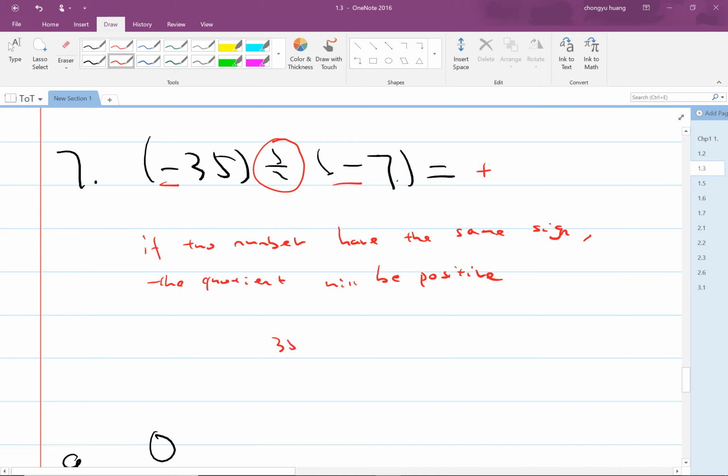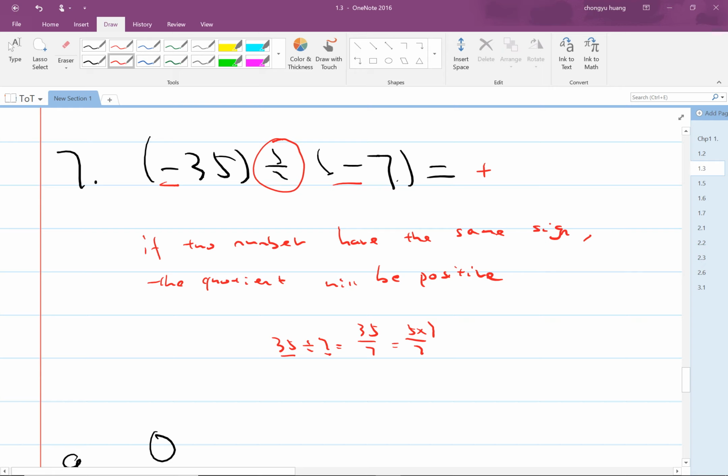So 35 multiplied by 7, obviously it's going to be 35 over 7, right? Whenever you see 35 multiplied by 7, you always put the number on the right as the denominator.